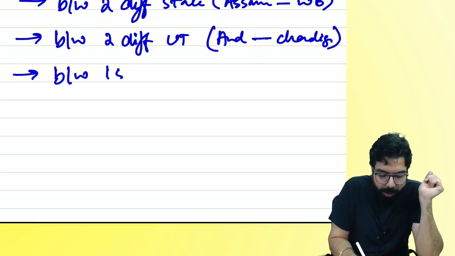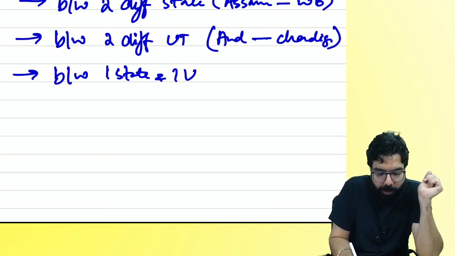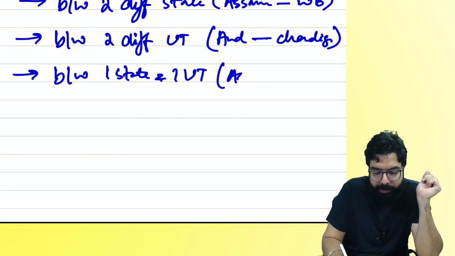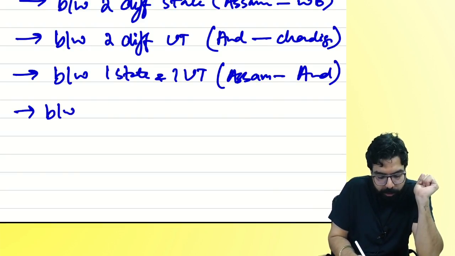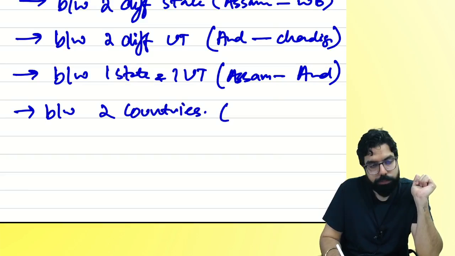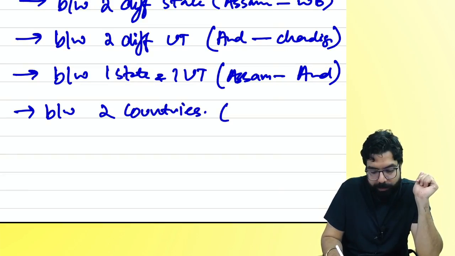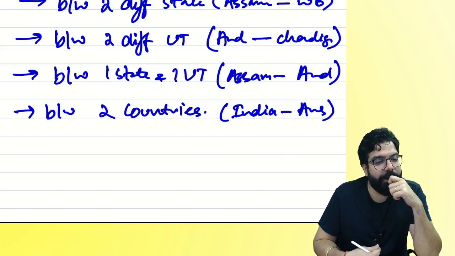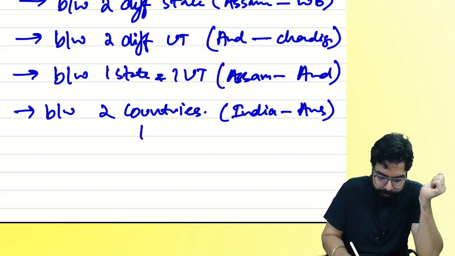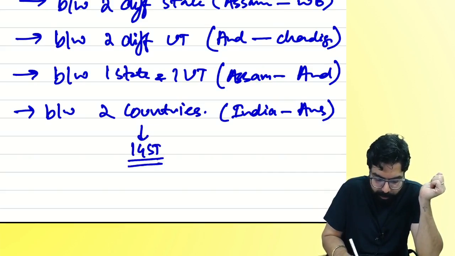Between one state and one UT, can I say? Assam to Andaman. Between two countries, import and export, interstate. For example, India to Australia. What will you always charge? IGST. Is everyone 100% clear?